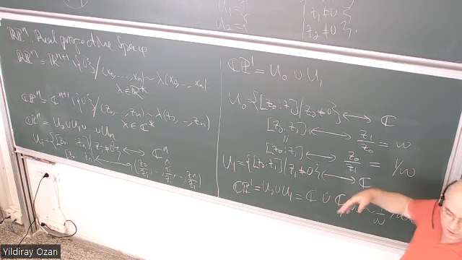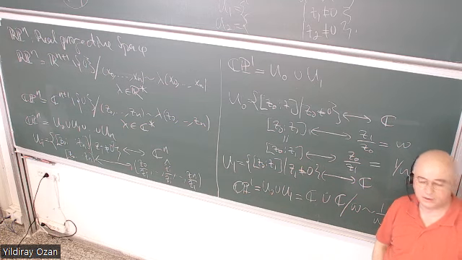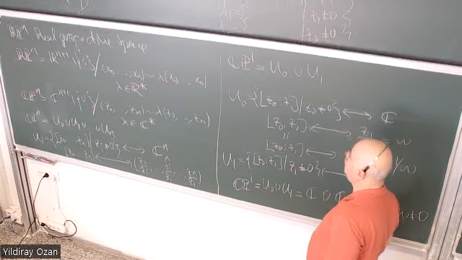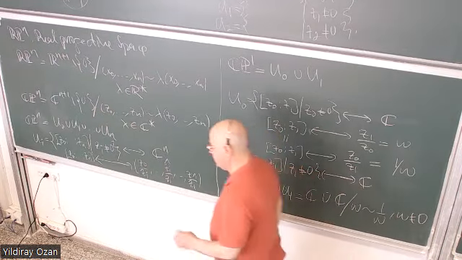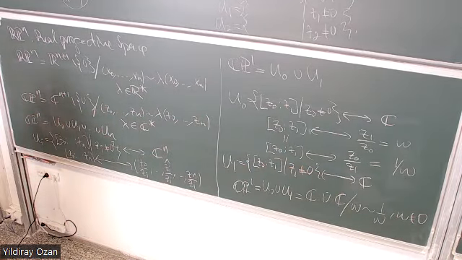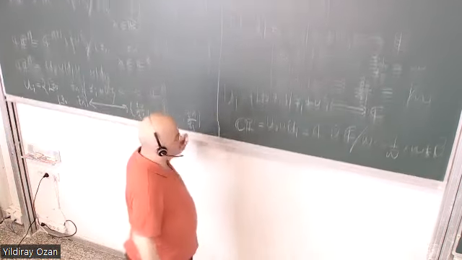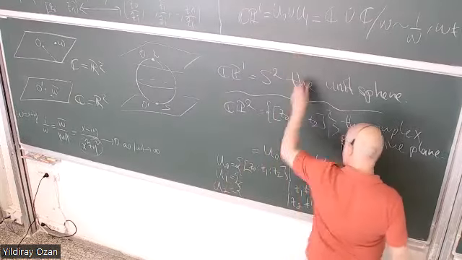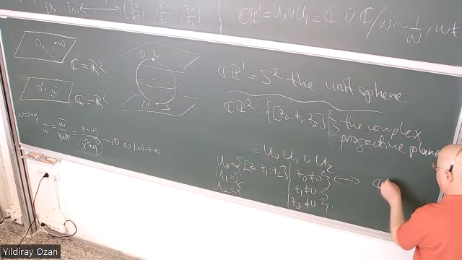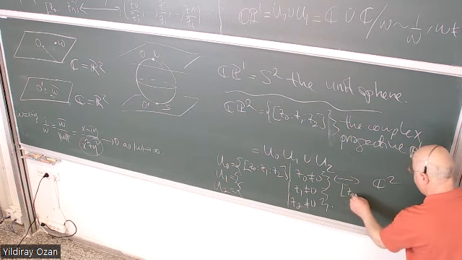The topology of CP2 is complicated. I mean, it's not complicated, but I don't want to deal with that one. Of course, each of these is just a copy of C2, and what is the map?